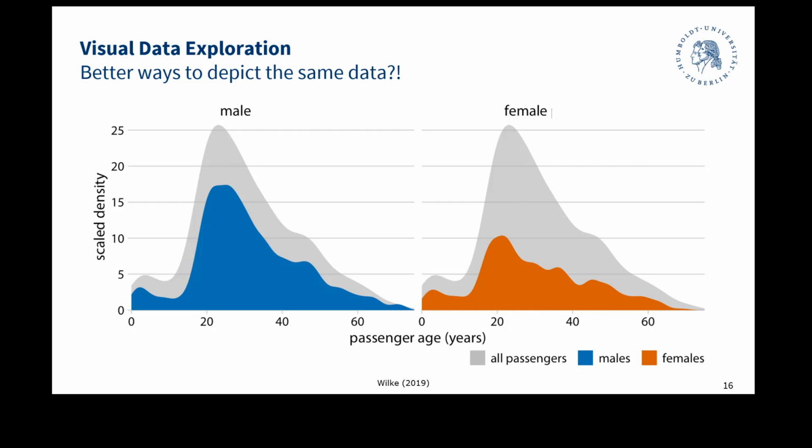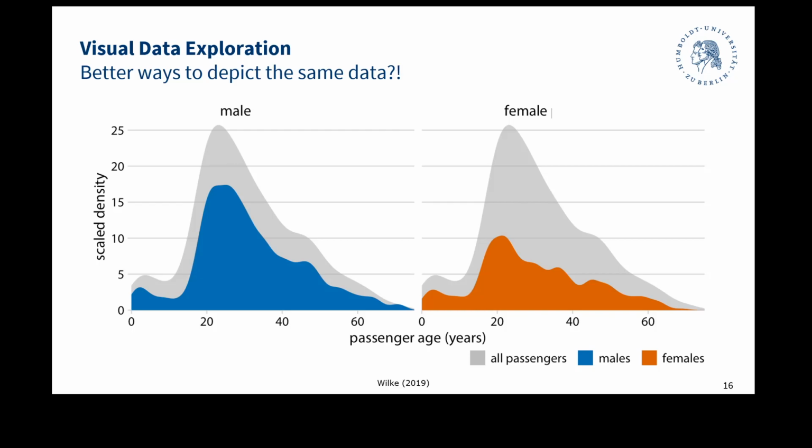And the gray shaded area gives the overall distribution. So let's convince ourselves how this produces some insights that are easier to realize.